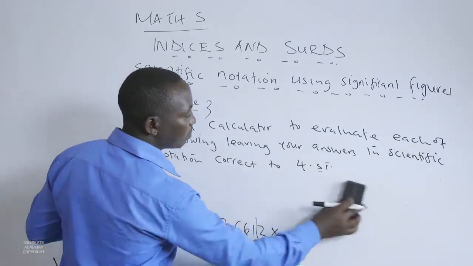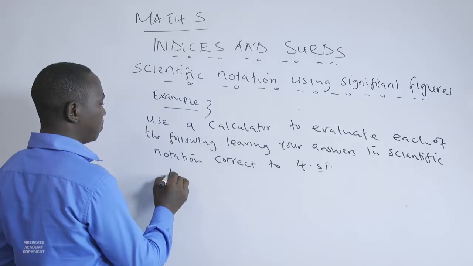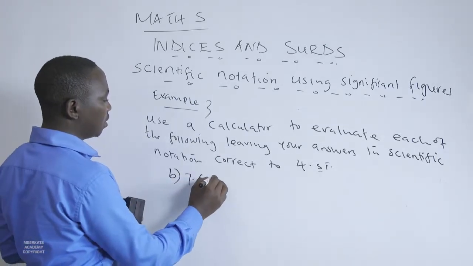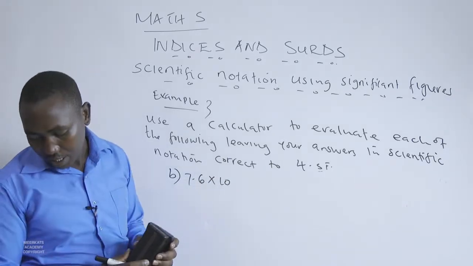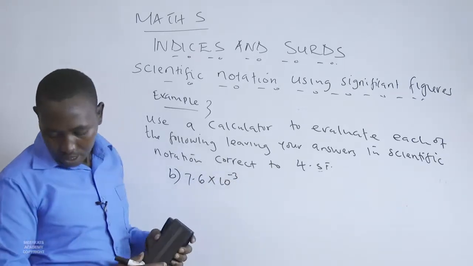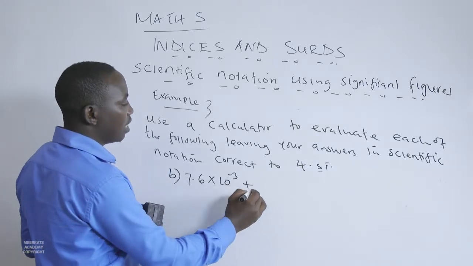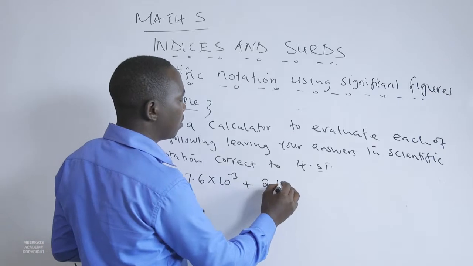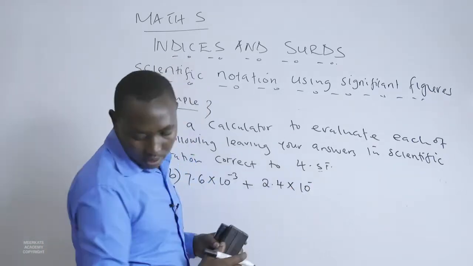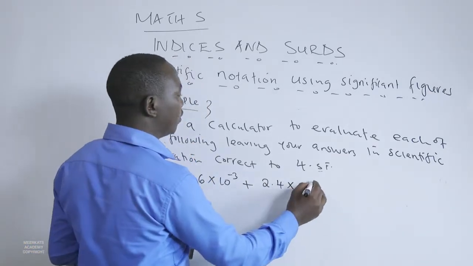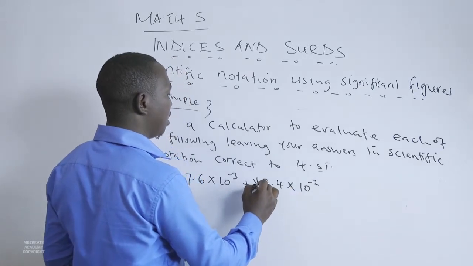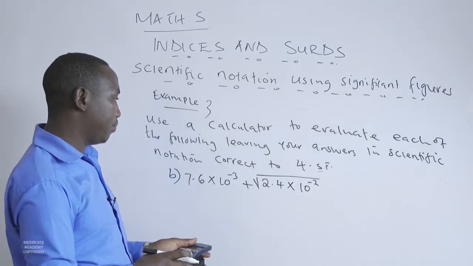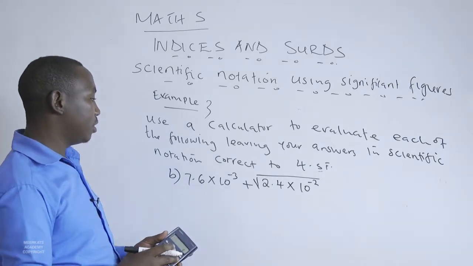Part B, we have 7.6 multiplied by 10 raised to negative 3. This one is added to 2.4 times 10 raised to negative 2, and you find the square root of it.